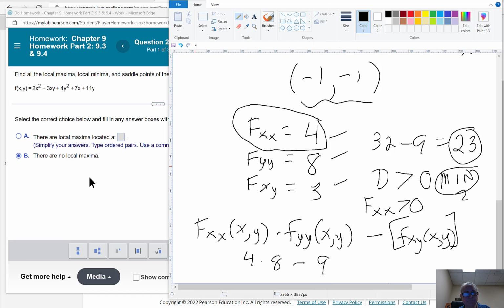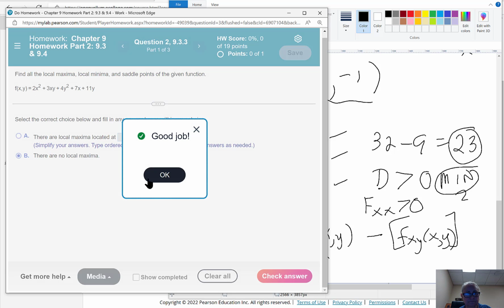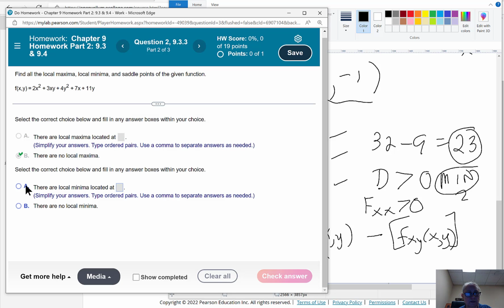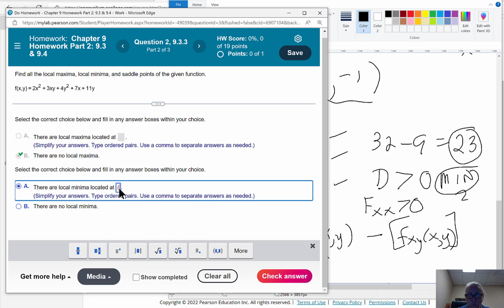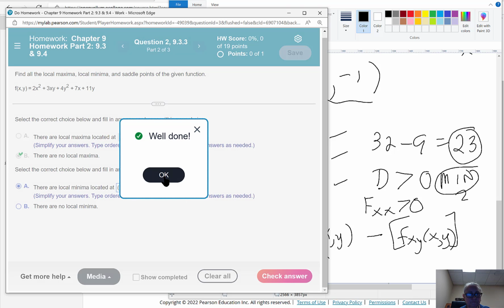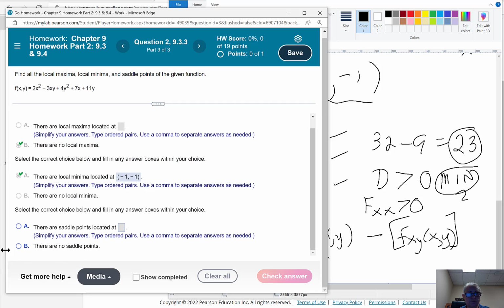So since this is a minimum, we say that there's no local maximum, but we have a minimum located at (-1, -1). And there are no saddle points.